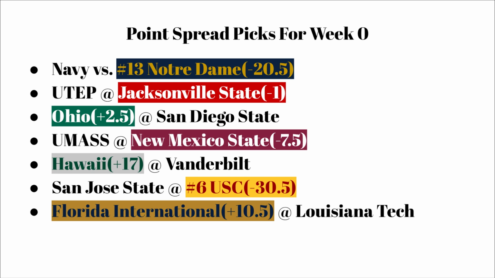Even with all that being said, I do think that Notre Dame will cover the spread. Notre Dame is favored by 20.5 points, and like I said in the intro, the team that has the minus sign next to their name are the favorites, and the teams that have the plus sign next to their name are the underdogs. Now, Notre Dame is favored by 20.5 points, and to me that doesn't seem like too big of a spread.